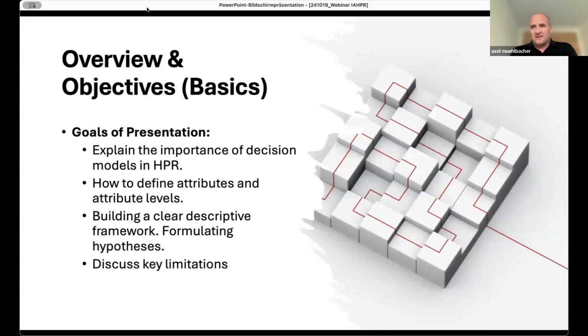The objectives of this presentation and the paper were to explain the importance of decision models in HPR, how to define attributes and attribute levels, building a clear descriptive framework, formulating hypotheses based on that descriptive framework, and at the end, we can discuss some key limitations.